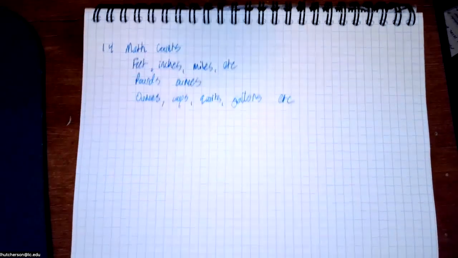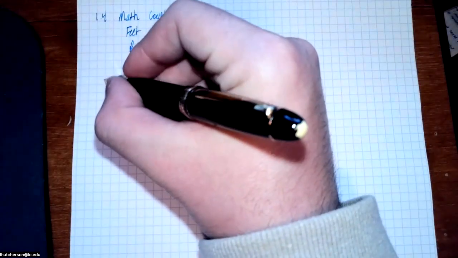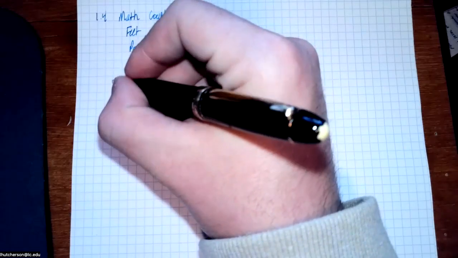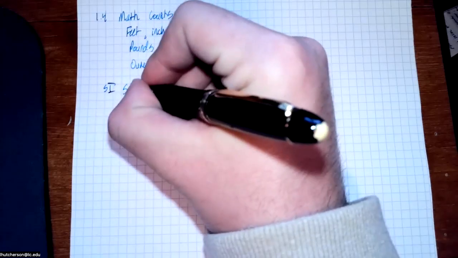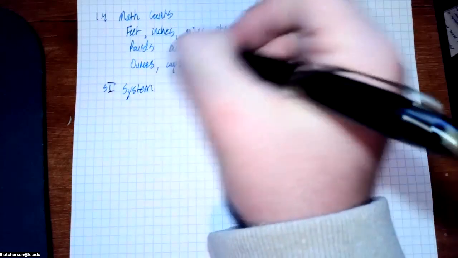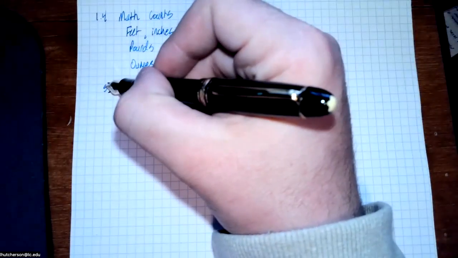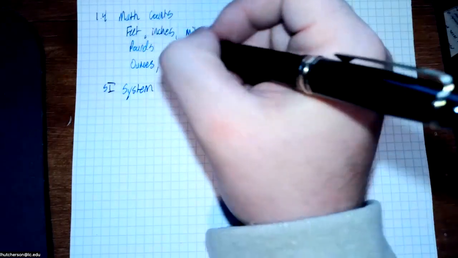So in science, you may have heard it said that in science we use the metric system. That's actually not totally correct. We use what is called the SI system, the International System of Units. Of course, that abbreviation makes perfect sense. It's actually a French abbreviation, System International.